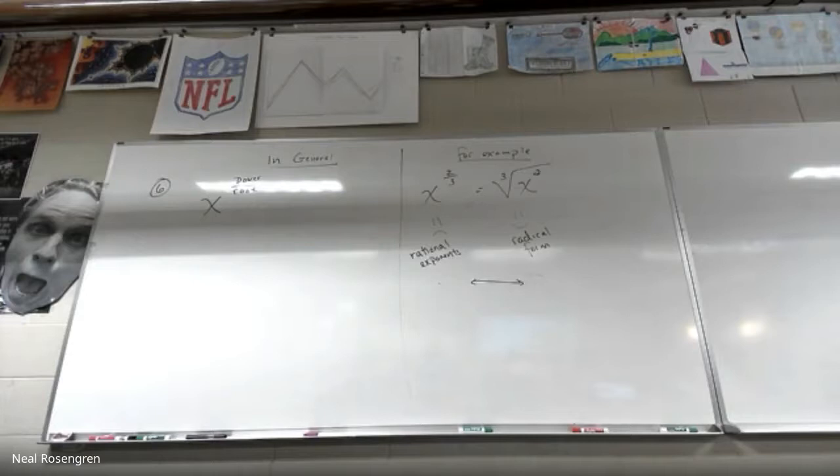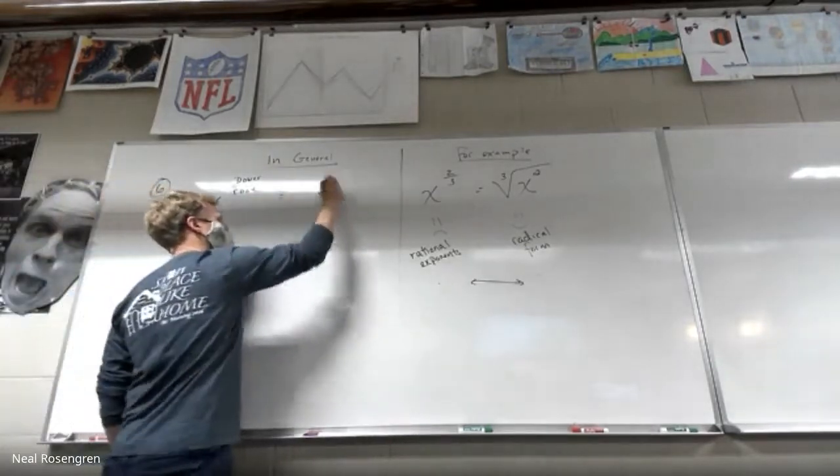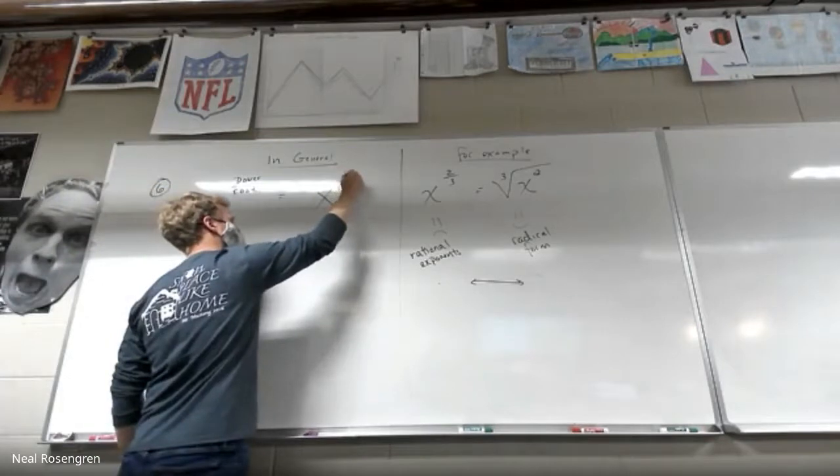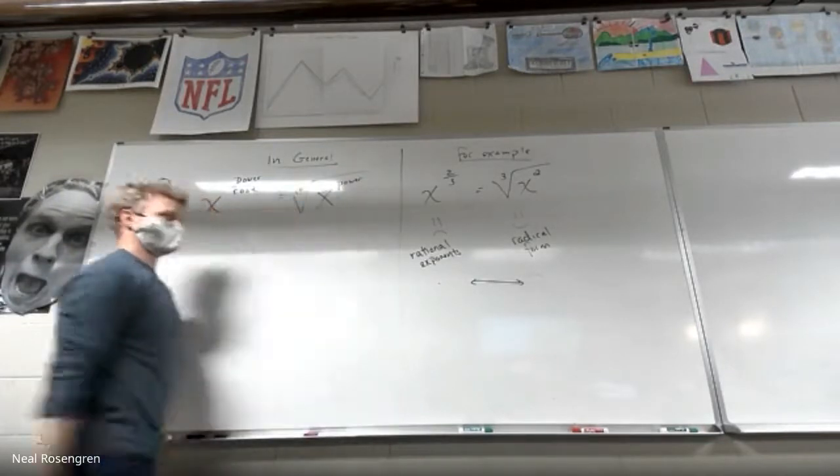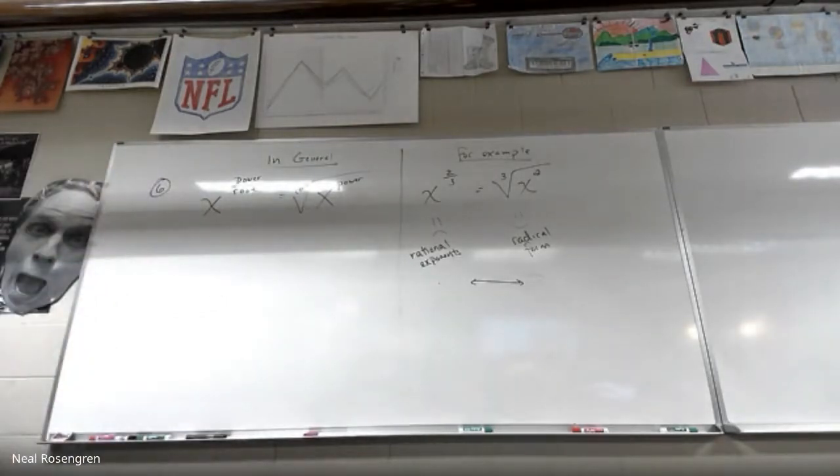And I'll give you something in radical form, and I'll say, hey, write this with a rational exponent. Rational just means fraction. Write it with a fraction. And that's it. Power over root really just means, take x, raise it to that power, and then take whatever that root is and put it. That's that last property, being able to make the switch back.